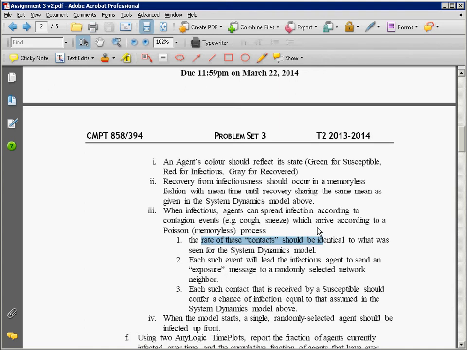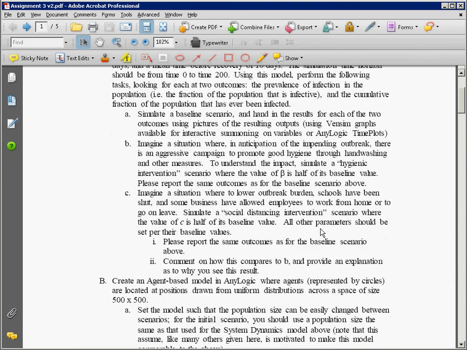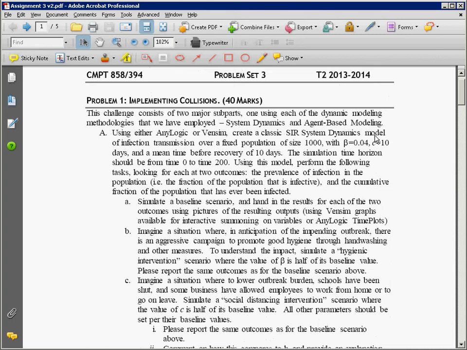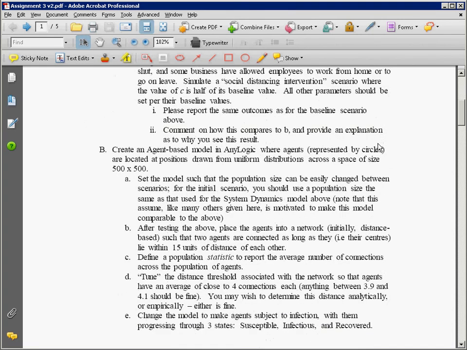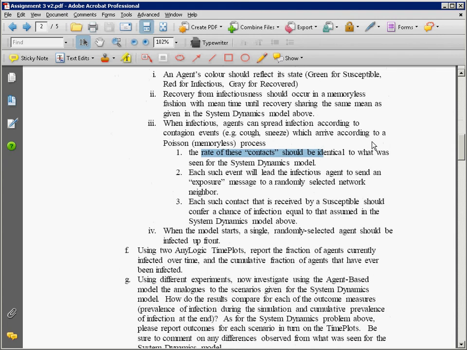There's a rate at which those are occurring, and that rate is going to be equal to C, as in the system dynamics model, something per unit time, so 10 sneezes per unit time or whatever. And each such event will lead to a message being sent to a particular randomly selected neighbor.